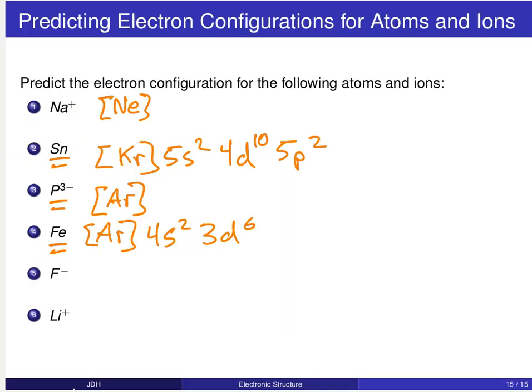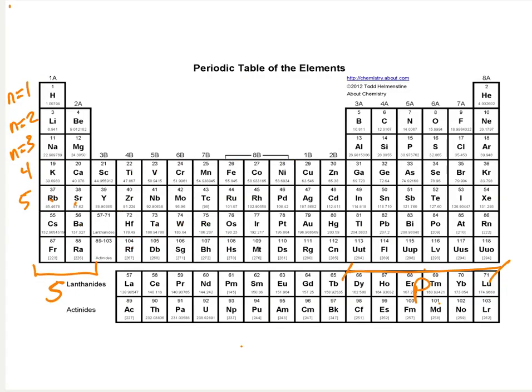All right, now let's move on to our second to last example here and look at the electron configuration for F-. Well, at this point, you're hopefully feeling pretty comfortable with the process. So we look at fluorine, we are talking about an F- ion, so we're adding an additional electron. So we have an electron configuration that's equal to that of neon.